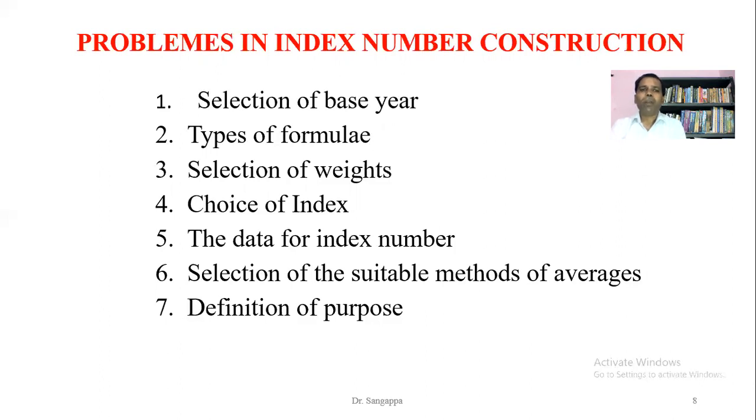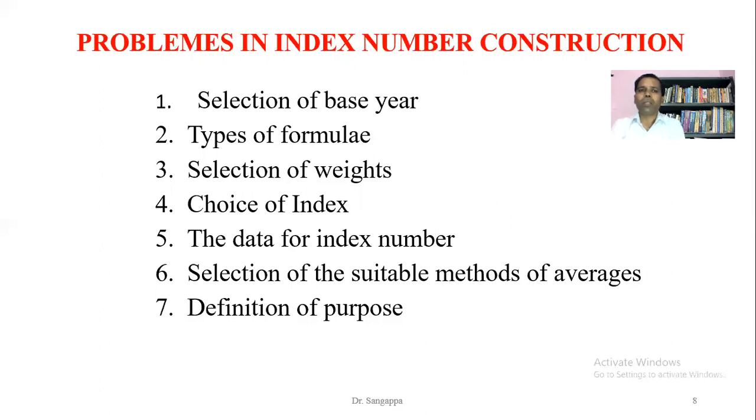Number three, selection of weights, choice of index, the data for index numbers, selection of the suitable methods of averages, definition of purpose. So here we can see that these are some of the problems in index number construction.